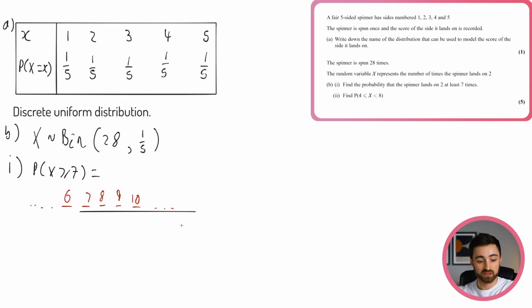Greater than or equal to 7. So if everything is equal to 1, I could do 1 minus all of this stuff here, wouldn't I? So that would be everything less than or equal to 6, because then that's just going to leave me with what I want. If you have a calculator where you can just do an upper and a lower, you don't have to do that. So I'm going to get this, and then I'm going to do 1 minus answer.